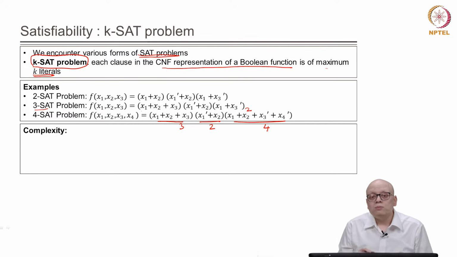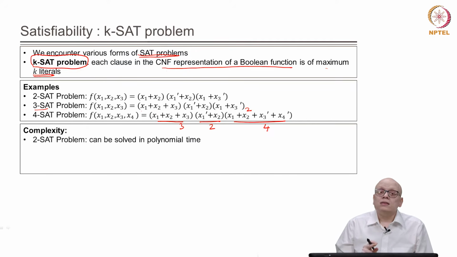Now, how complex a SAT problem is depends on how many literals are there in the clauses that we are given, and of course, also on the number of clauses that appear in the CNF representation.